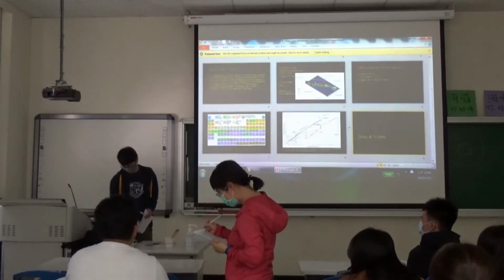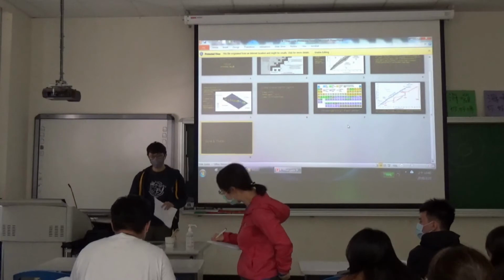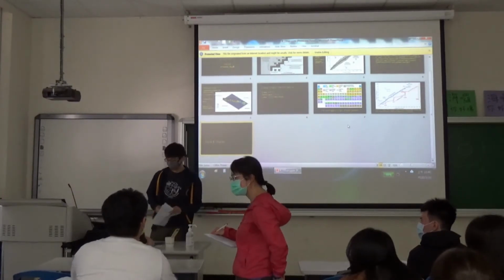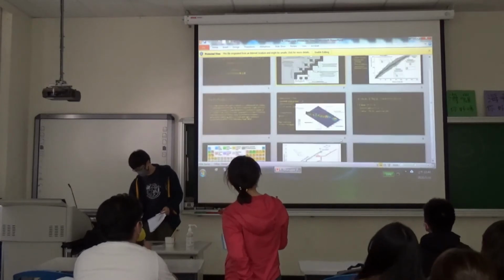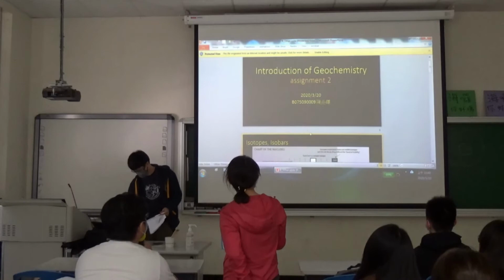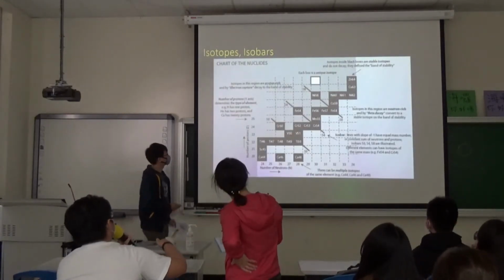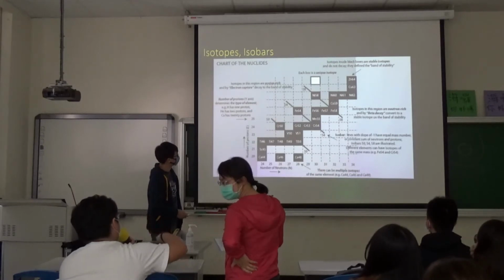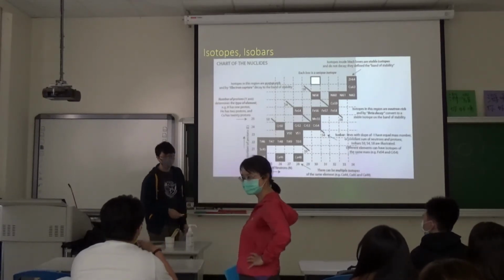I have a question. I have two questions. The first one is about the isobar. Can you show the slide? So, in an isobar, each isotope has the same mass number, right?